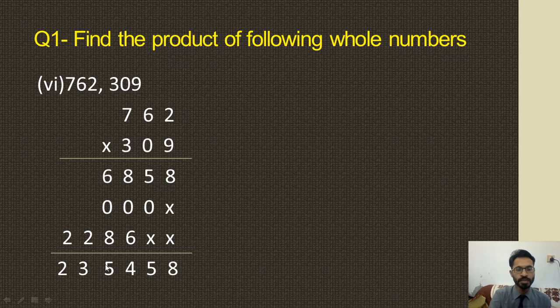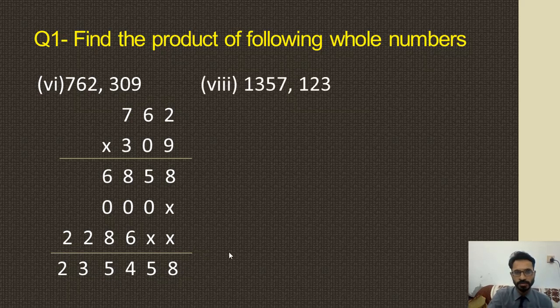From 15, we will write 5 here and will carry 1 to the next number. 2 plus 1 carry will become 3 and this 2 will be as it is. So, when we multiply 762 with 309, this will be our answer.